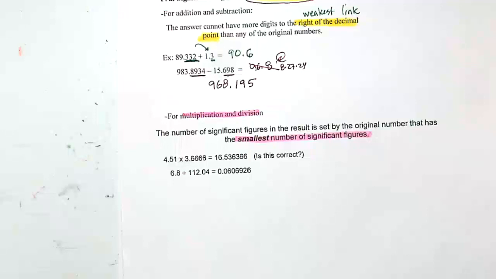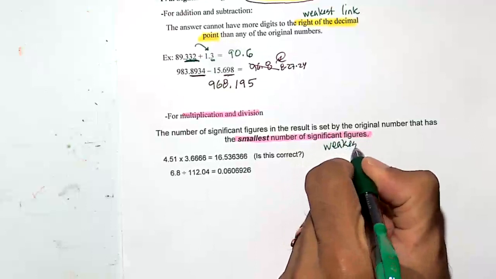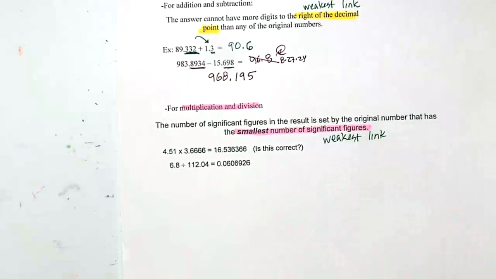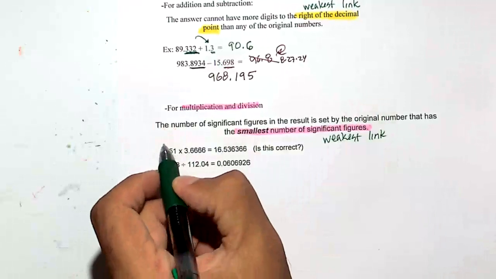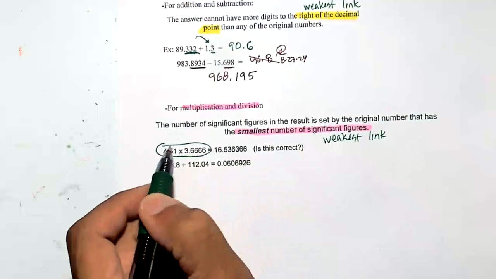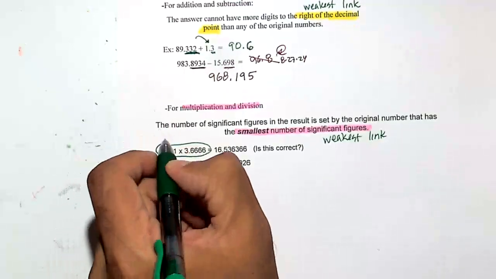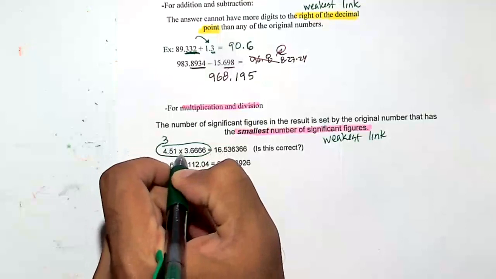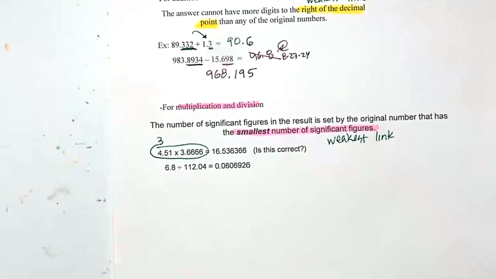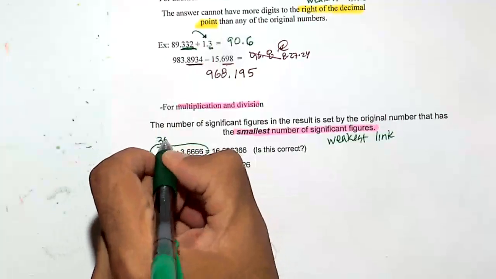That's our weakest link. All right, 4.51 times 3.6666. How many sig figs are here? 3, right? 4 and 5 and 1 are real. Yes, you got it right.